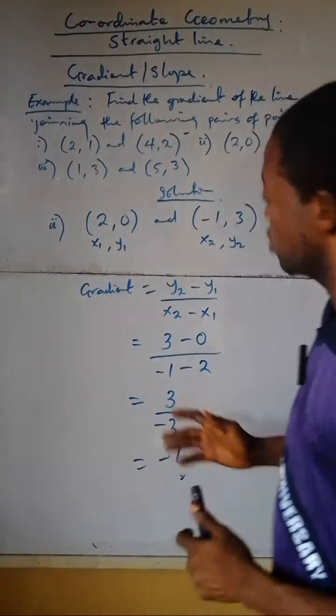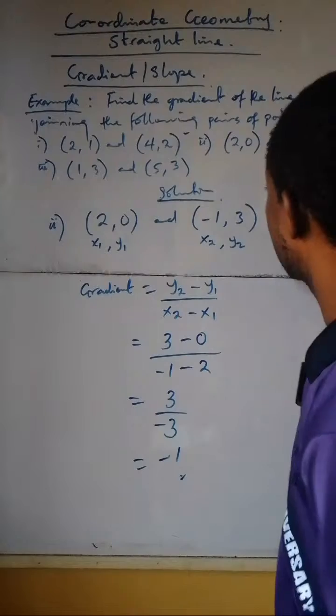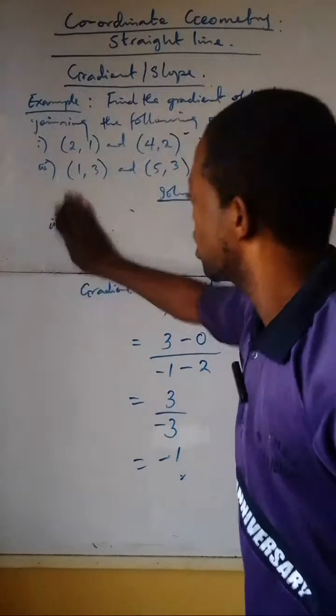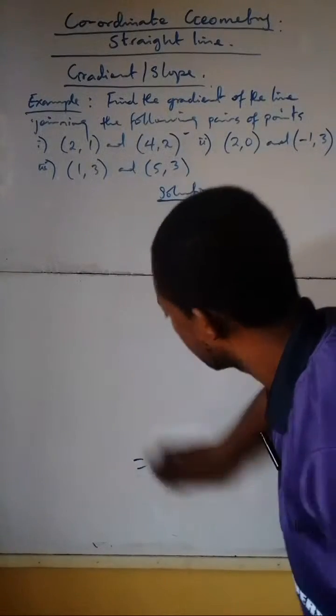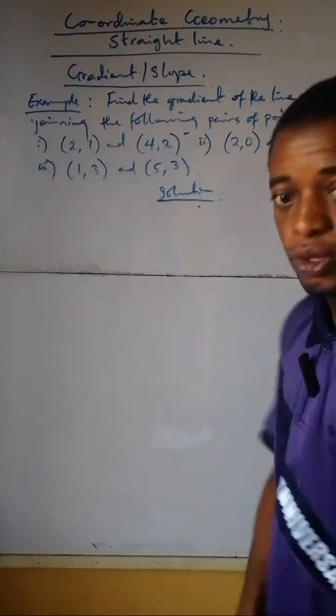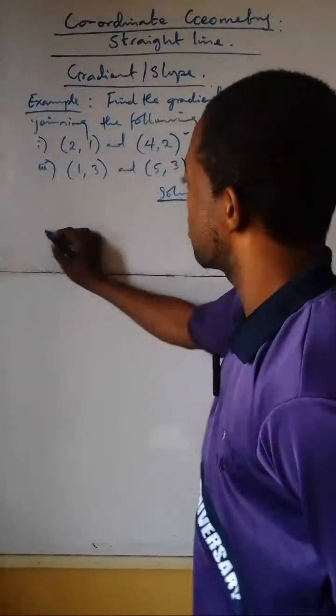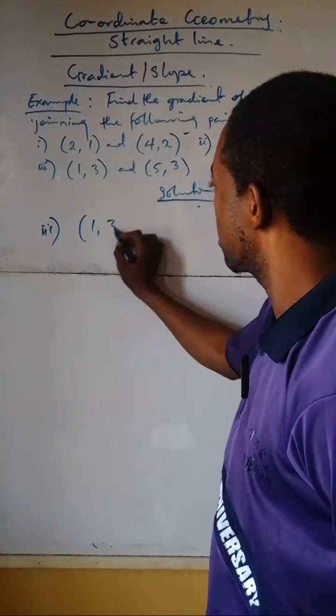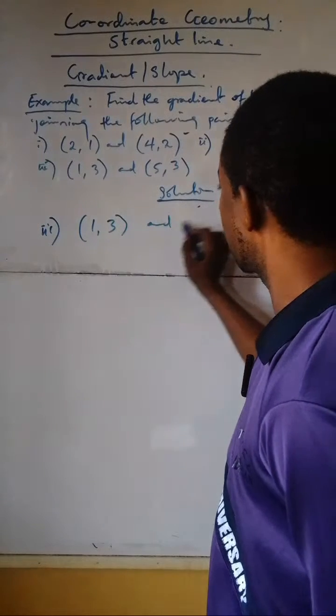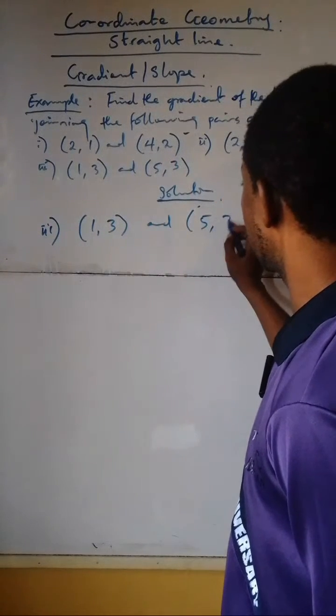And also, we solve the third one here. We look at the gradient of the line joining these 2 points. That is, from the points given, we have 1, 3 and 5, 3.